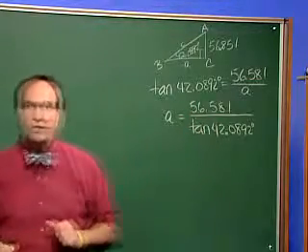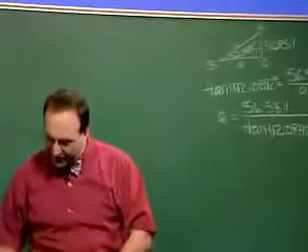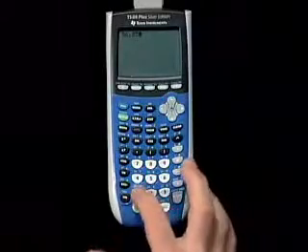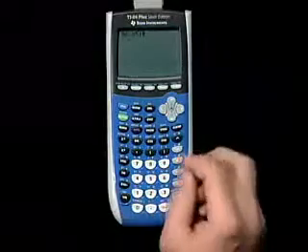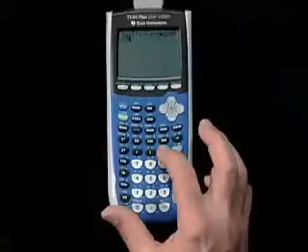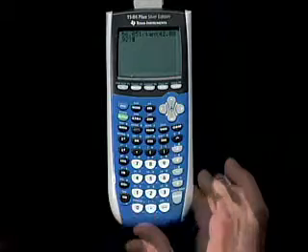Let's hop onto the calculator and calculate what that works out to be. We take 56.851 and divide that by the tangent of 42.0892 degrees, which I have in degree mode, and then I press enter.